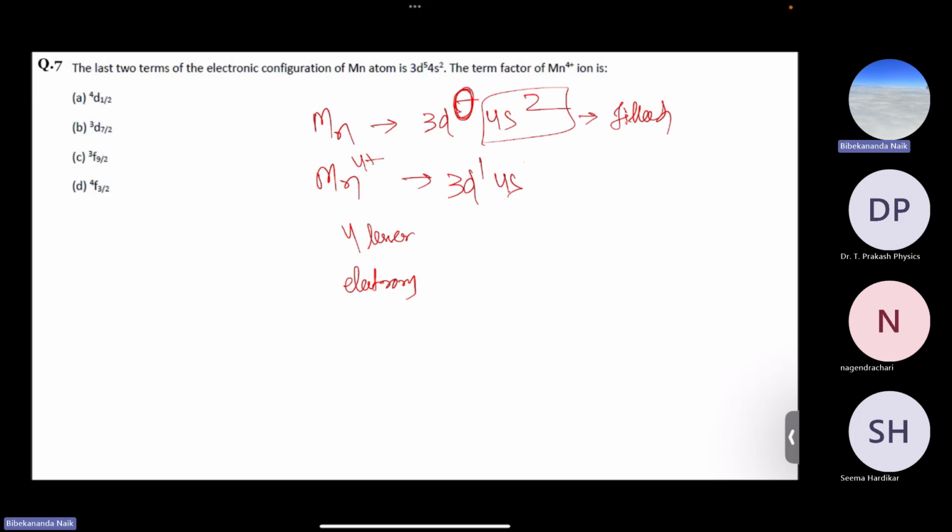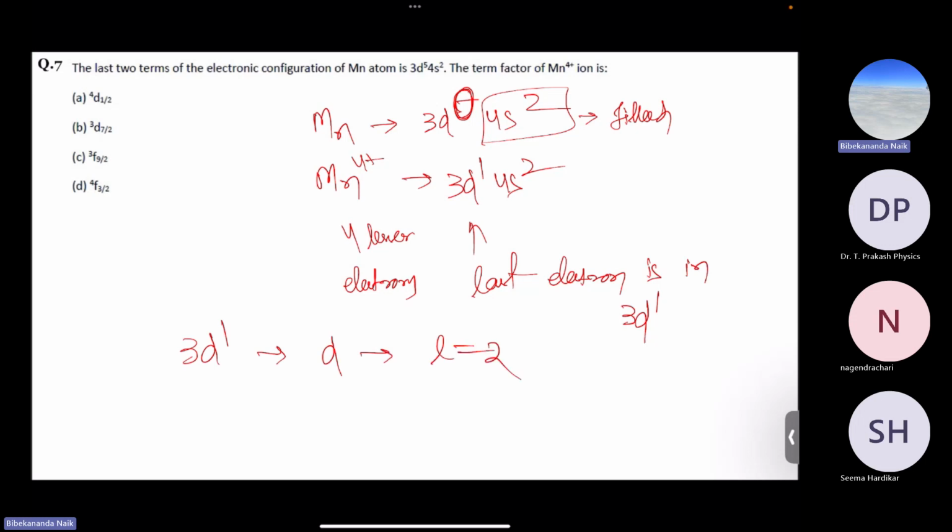So if you see here, the last electron is in 3d1. For this 3d1, d means L equals 2, and for one electron, S is half.